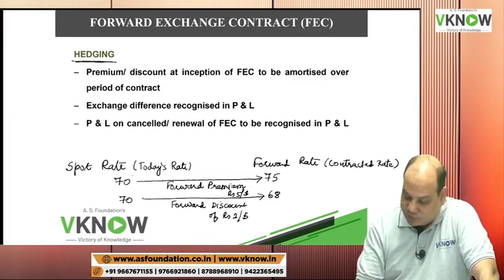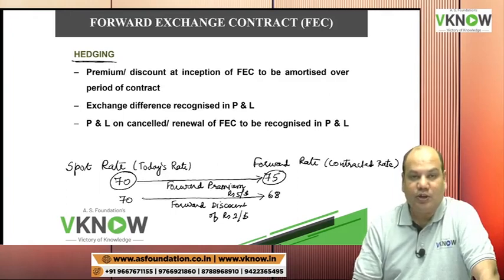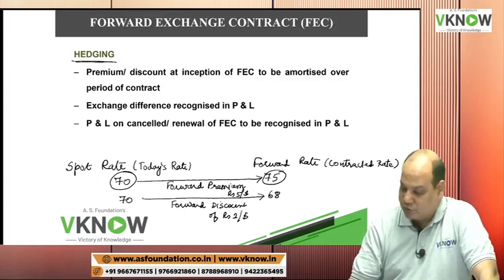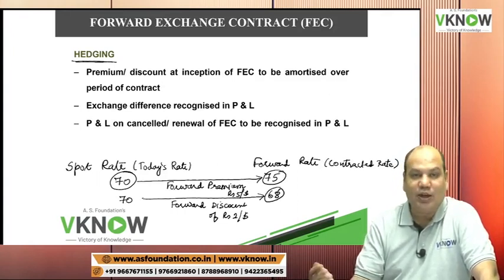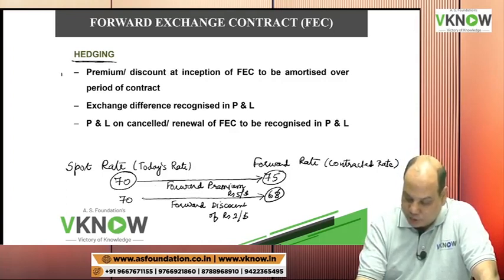Why both are possible? This is the market. Depending upon the demand and supply, sometimes the forward rate can be more than the spot rate. Sometimes the forward rate can be less than the spot rate. Both are possible.